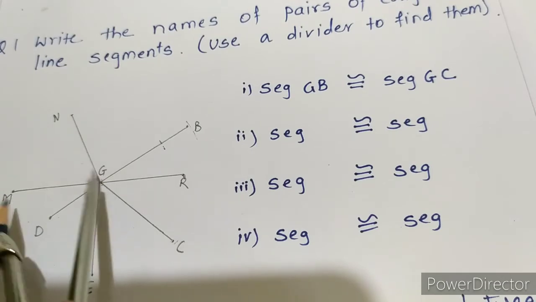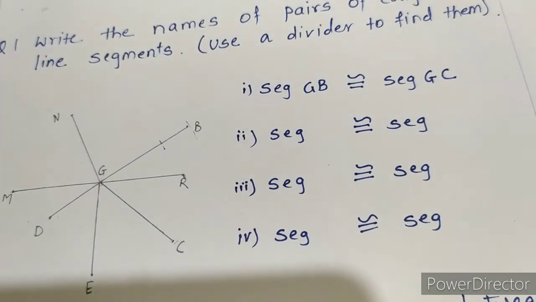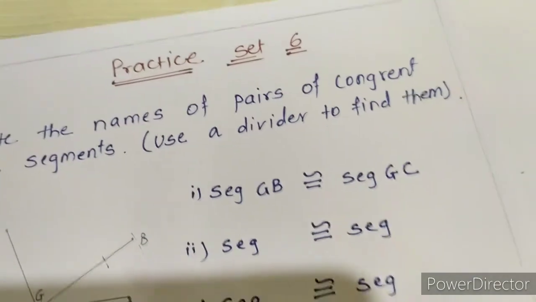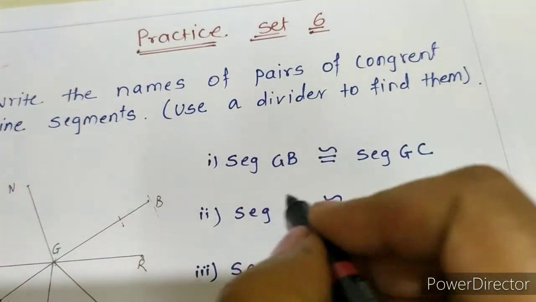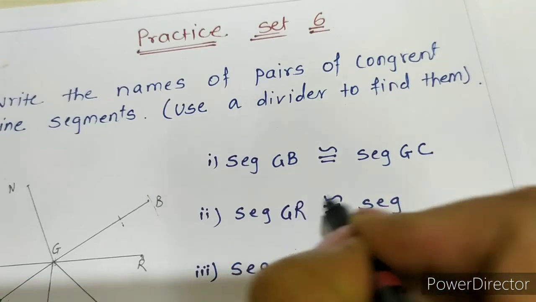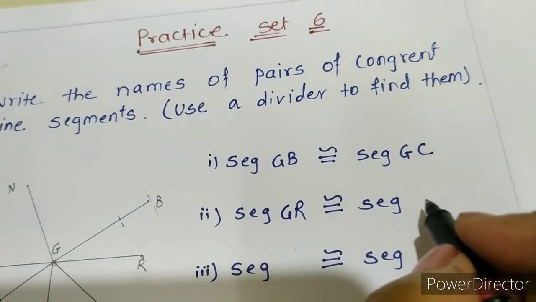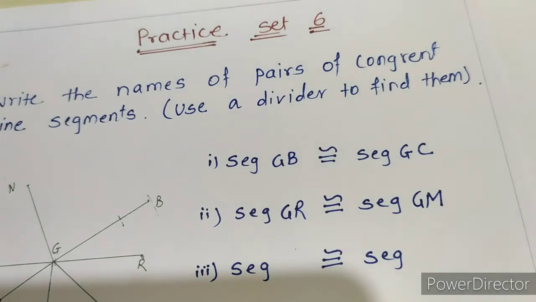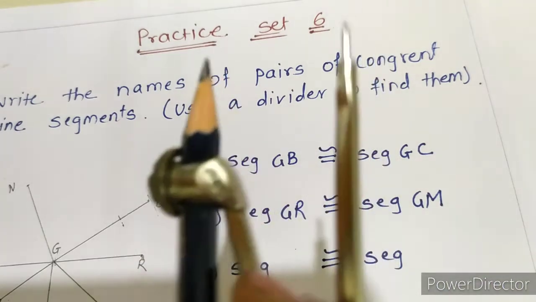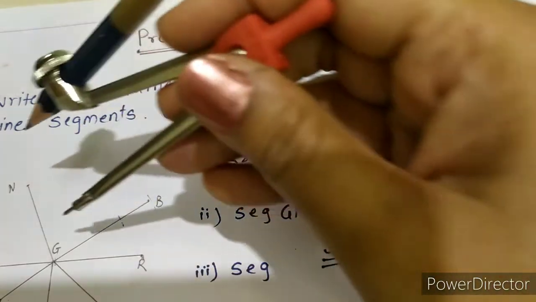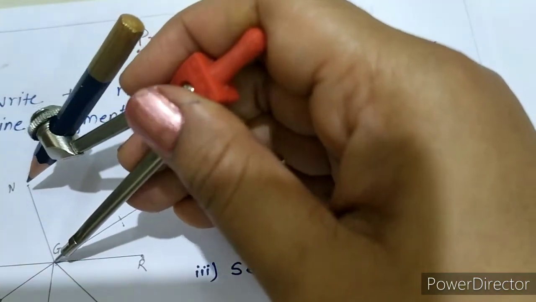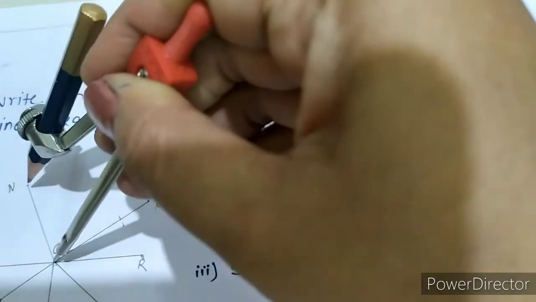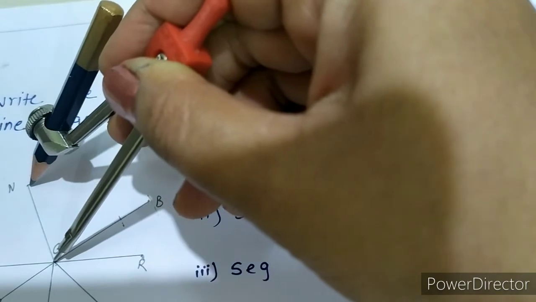So next pair is segment GR congruent to segment GM, or you can also write segment RG congruent to segment MG. Same distance I kept and measured GN. It is same, right?